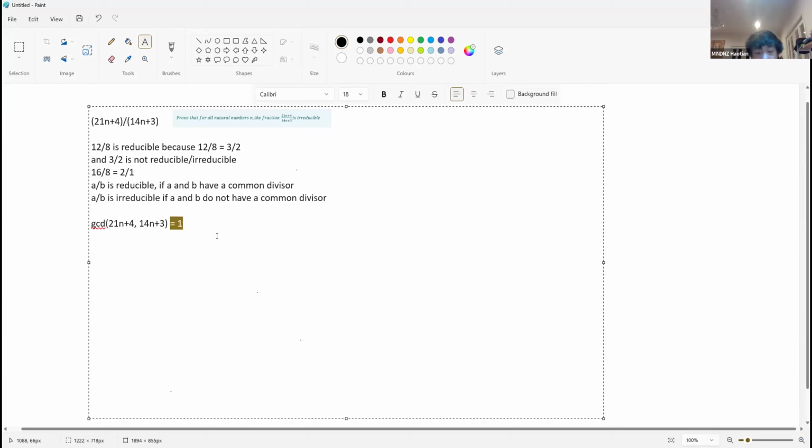GCDs should remind us of the Euclidean algorithm. GCD of QA plus R and A is equal to GCD of R and A. If we try using that on here, then we get GCD of 21n plus 4 and 14n plus 3 is equal to GCD of 7n plus 1 and 14n plus 3.